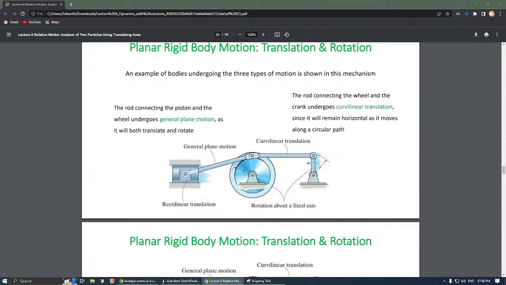So this point is moving in a circular path, right? And this point is moving in the horizontal direction, right? So this arrangement is called a mechanism. And here we cannot treat this rod as a particle because it has significant length compared to the motion that it is undergoing.